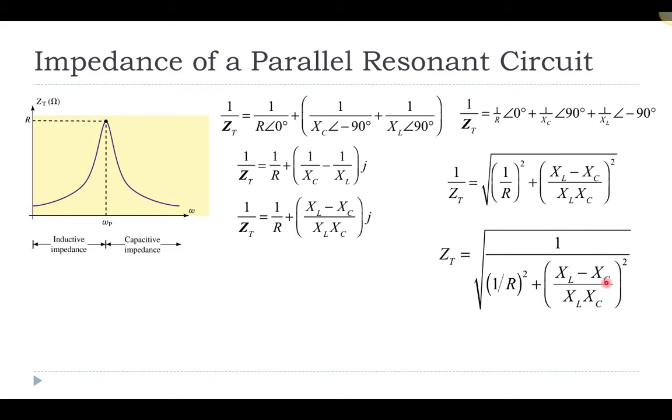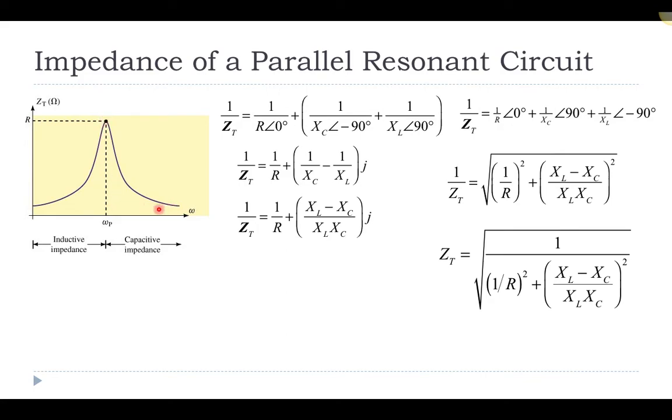And so I get 1 over the smallest number in the denominator that's possible, and therefore I get the largest impedance. And so that's where I'm at right here. At resonance, when these reactive components are equal, I get the largest overall impedance in my circuit, because remember, it's a parallel circuit.